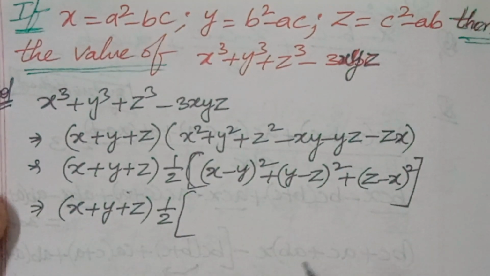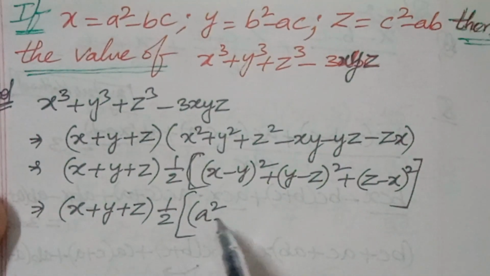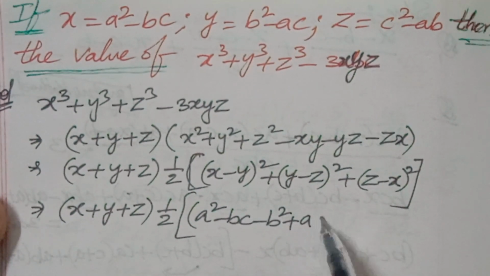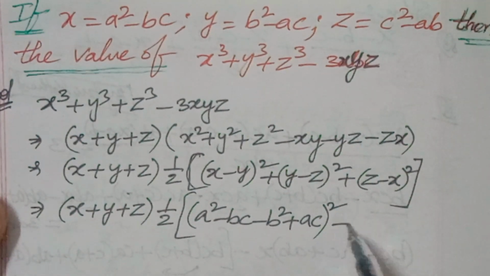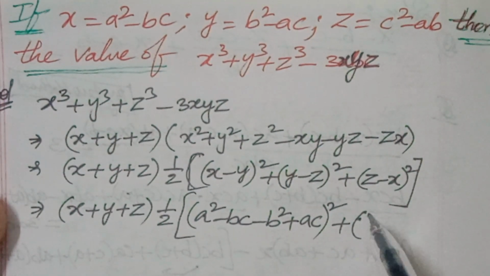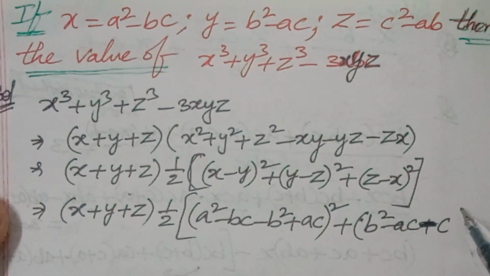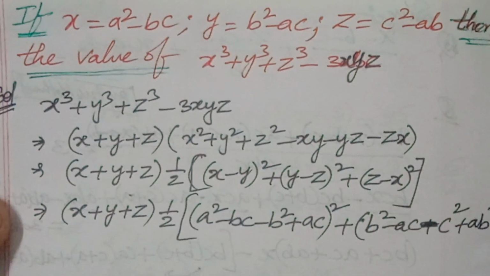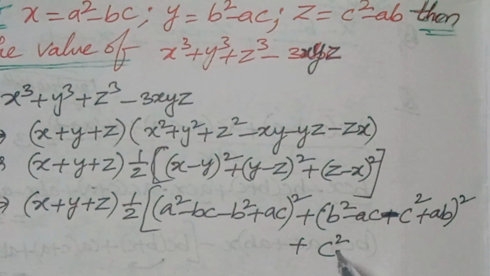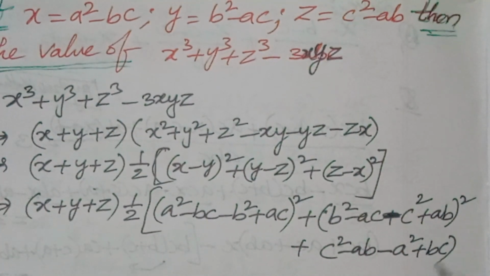Half into, here you'll get a square minus bc minus b square plus ac whole square, plus, here second one b square minus ac minus c square plus ab whole square, plus c square minus ab minus a square plus bc whole square.